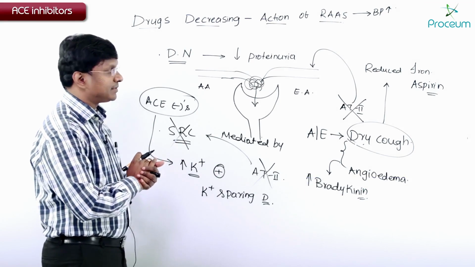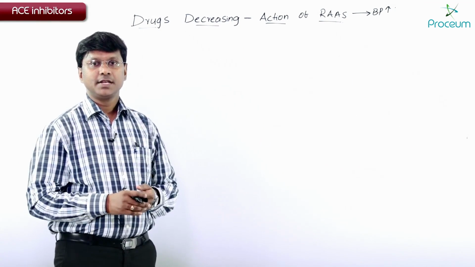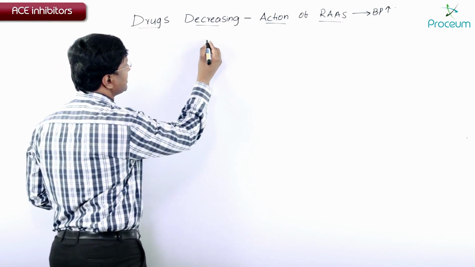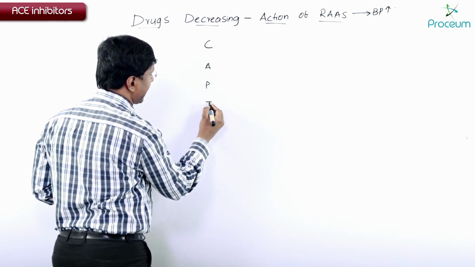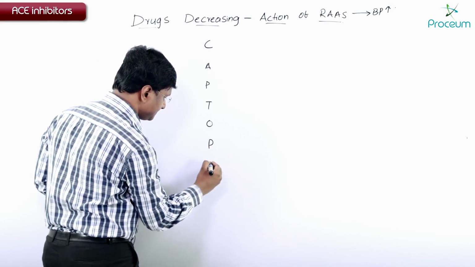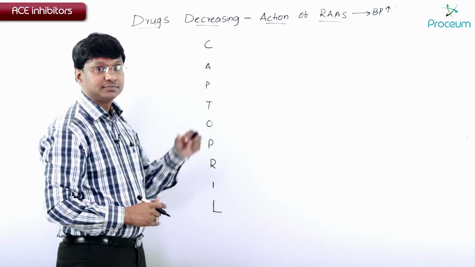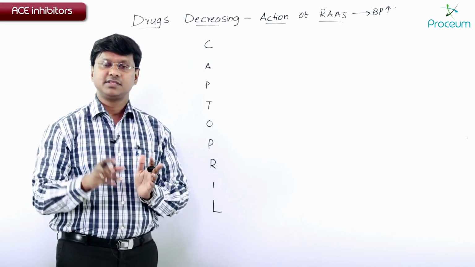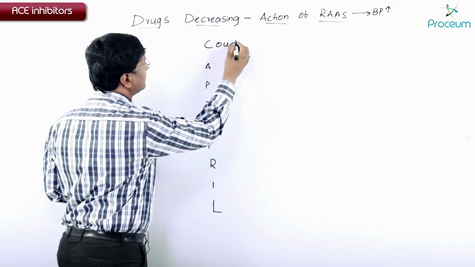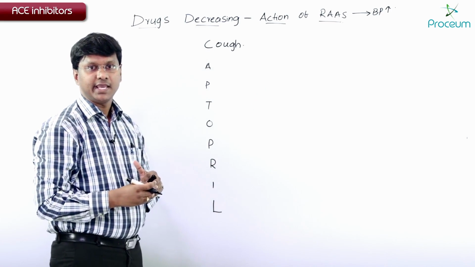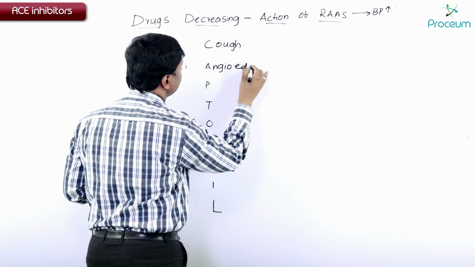Now let me tell you some of the important points about the ACE inhibitors in the form of a mnemonic, that is captopril. C stands for cough, these ACE inhibitors will cause cough. A stands for angioedema.